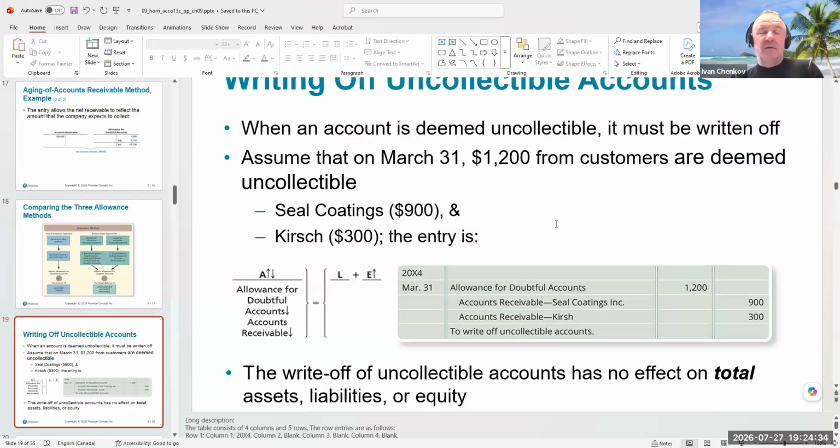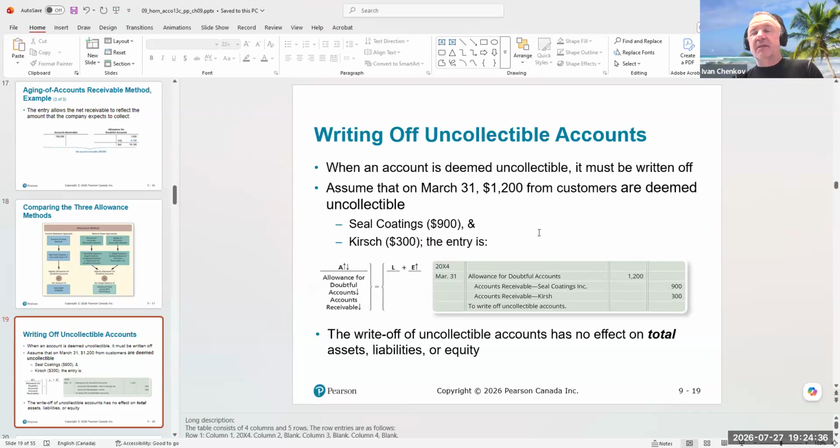What's going to happen once we record the bad debt expense and increase the allowance for doubtful accounts, if the client actually becomes uncollectible? Allowance for doubtful accounts means that we have a doubt that we're going to collect the amount, but we're not certain yet. In this case, we are absolutely certain that the client's not going to pay.